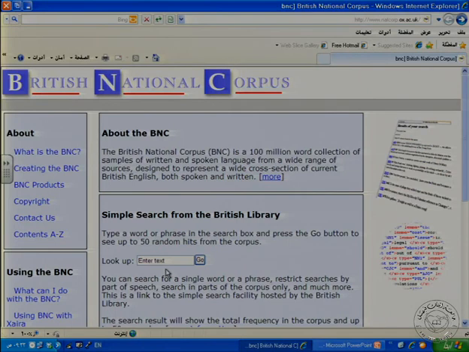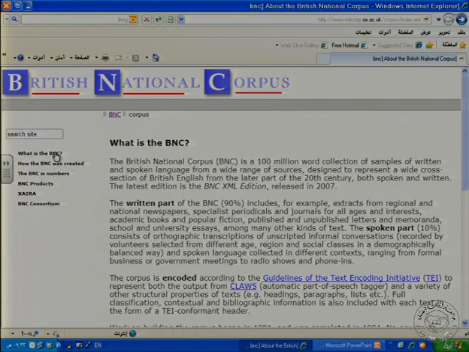So this is the website of the British National Corpus. What is the BNC? Let's click on that. The British National Corpus, BNC, is a 100 million word collection of samples of written and spoken language from a wide range of sources, designed to represent a wide cross section of British English from the later part of the 20th century, both spoken and written.